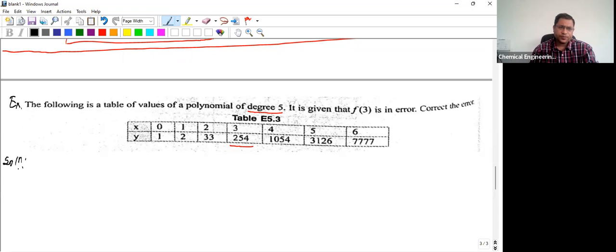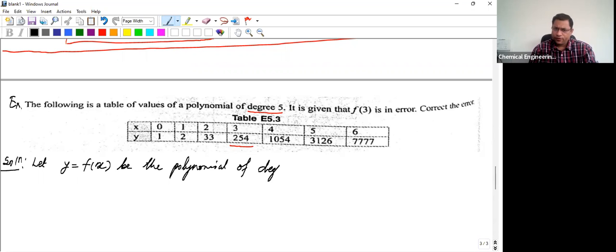So let y is equal to f of x be a polynomial of degree 5. Hence, the fifth difference of y is constant.